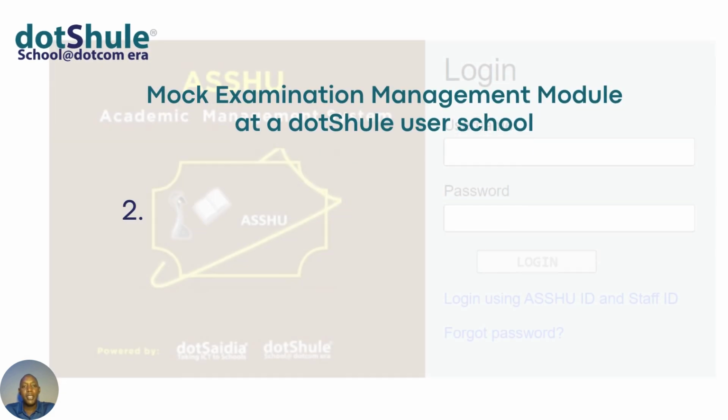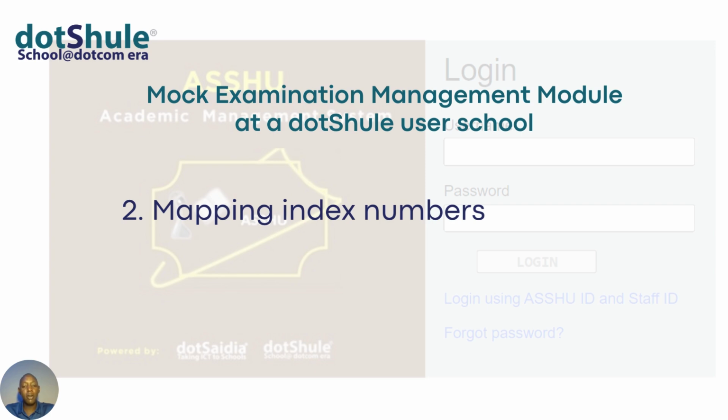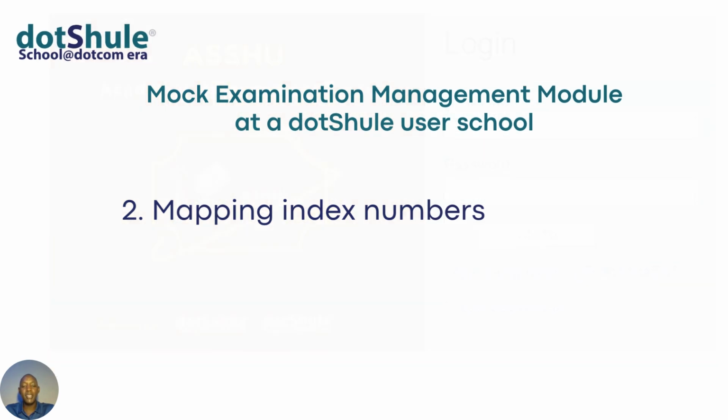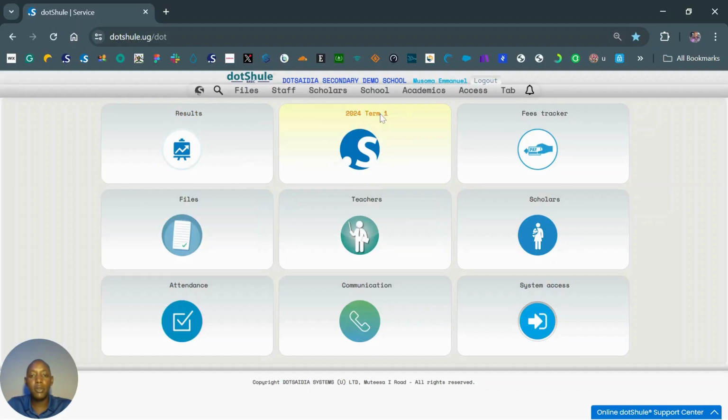For dotShule user schools, this is the second activity you conduct in your mock portal when you have finished subscribing for membership. And this activity is done by capturing the learner's index numbers in the system. As you can see, this is one of the dotShule user schools already.